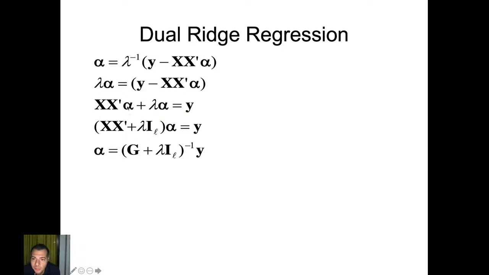Sorry, not lambda, alpha, the dual weights alpha. Multiplying both terms on the right, we can extract it as a common factor. So we have this equation here, and then we multiply this equation with the inverse of this matrix on the left, and we obtain this solution.